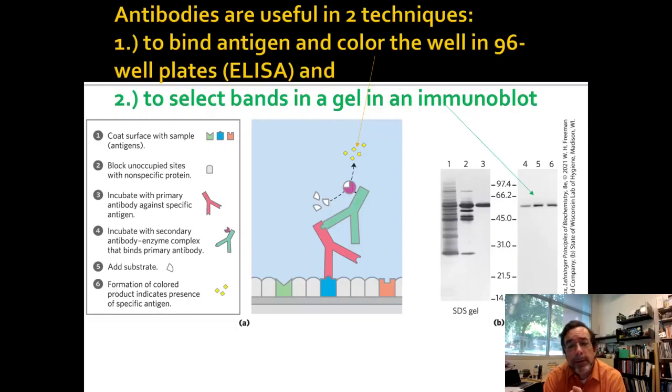The other thing you can do is use your antibody, instead of lighting up a well in a 96 well plate, as shown for the ELISA, against a gel. Instead of a well, you can have a gel, and the antibody will bind to a specific band. So if you look at this, there's an SDS page gel with increasing purity as you go along. But is the protein that's at the right size in lane 1 really your protein or not?